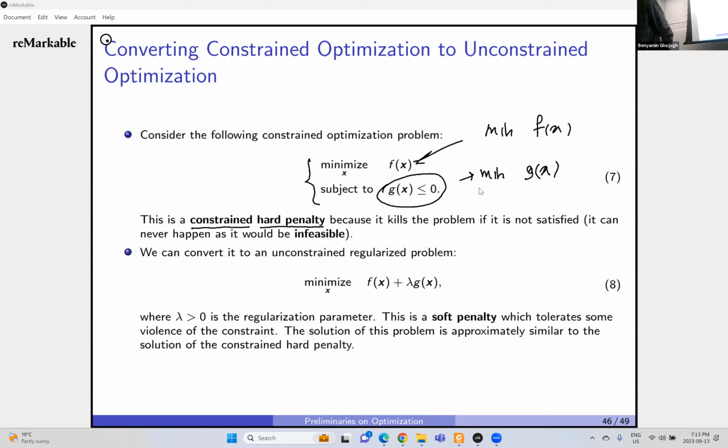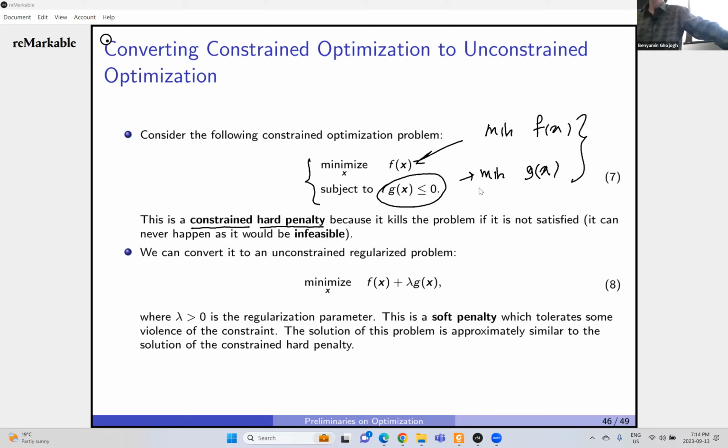Therefore, let's combine these two together. The simplest way to combine two things is what? Linear combination. If I want to combine me and you, I say 0.1 of me, 0.9 of you, or half of me, half of you. Do you understand what I'm saying? Linear combination is the easiest way to combine two different things.